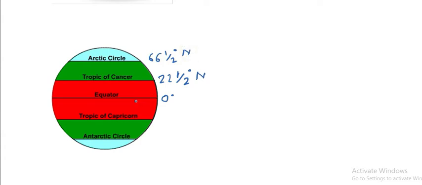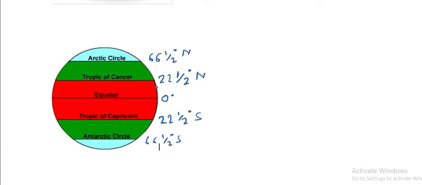Similarly on the south side there is the Tropic of Capricorn, which is at 22.5° south, and the Antarctic Circle, which is at 66.5° south. So these are a few important latitudes. These latitudes divide the earth into a few important climatic regions.